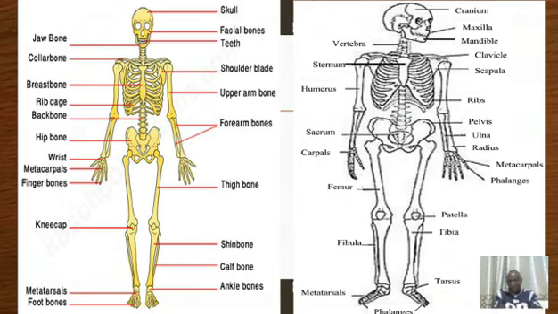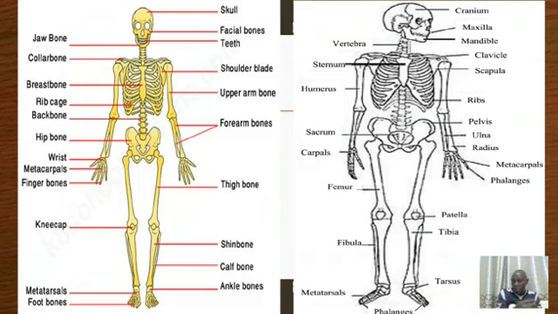Therefore, the humerus is called the upper arm bone, and the radius and the ulna are the forearm bones. Then at this point, we have the first bones called the carpals. Then here we have another set called the metacarpals, and here there are small bones called the phalanges.